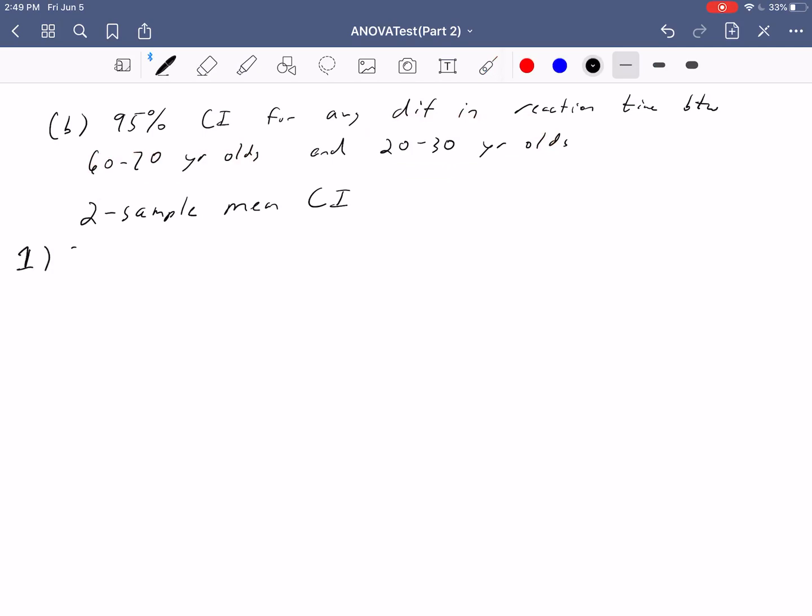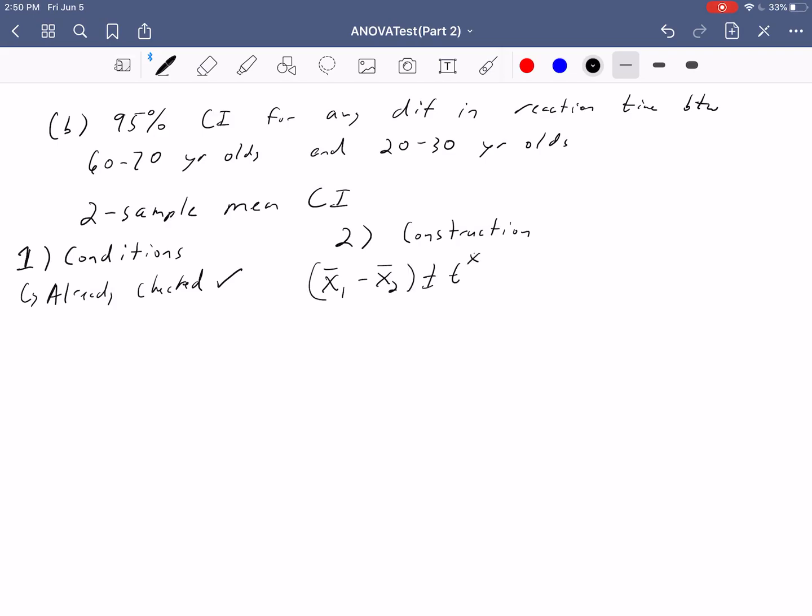So we've got some conditions here, but the conditions for those quantitative ones are the same as the first three conditions we checked for the ANOVA. So we can just say, already checked. So we're all good with that. Then we can just move straight to the construction. For the construction here, we need to do x1 bar minus x2 bar plus or minus t star times the square root of s1 squared over n1 plus s2 squared over n2.